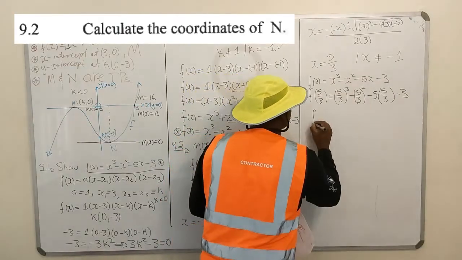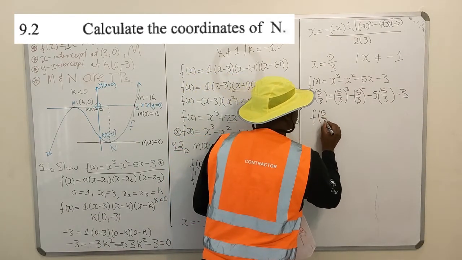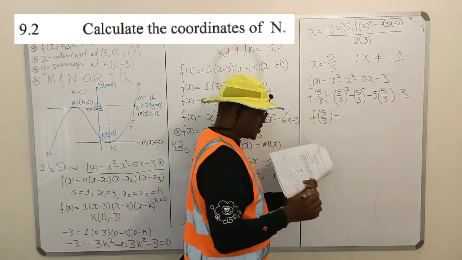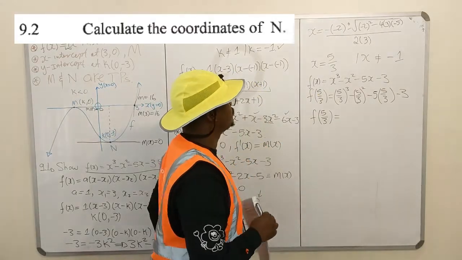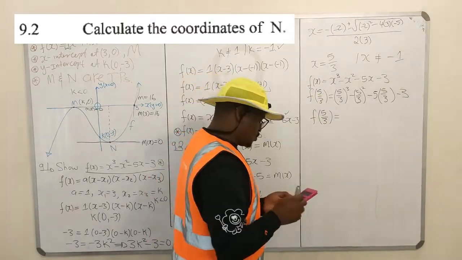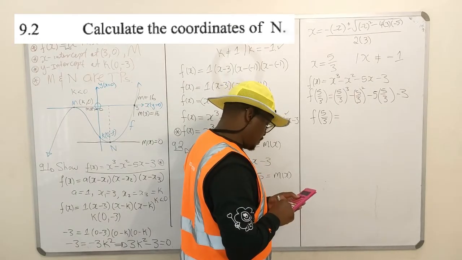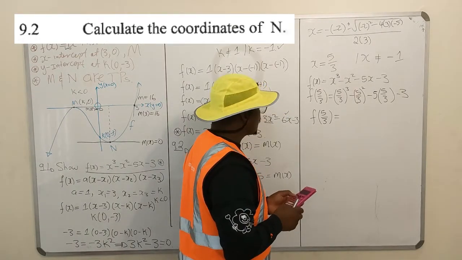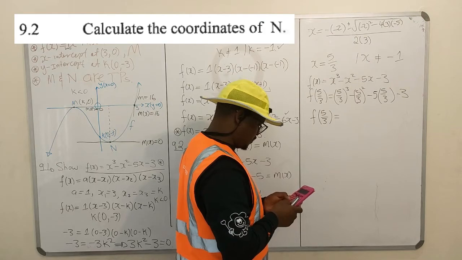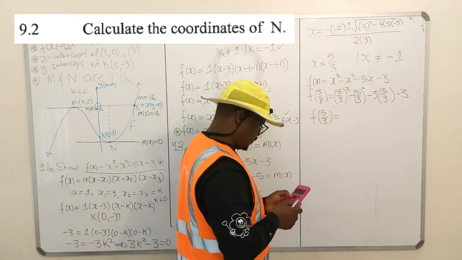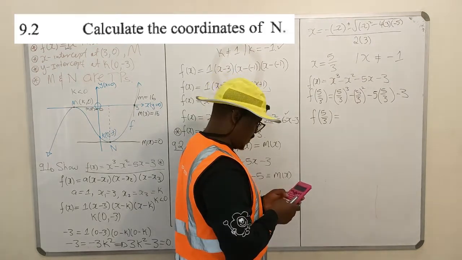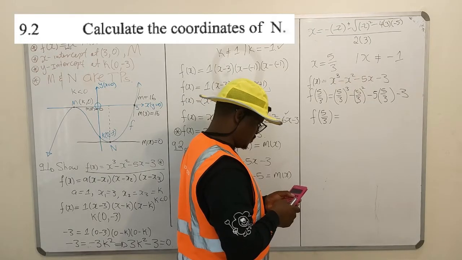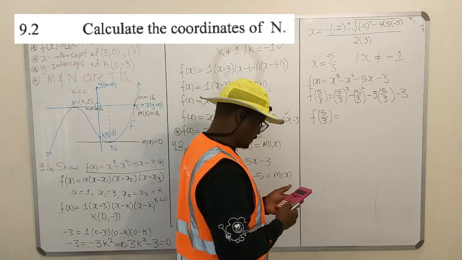So f at 5 over 3 is equal to, punch that in your calculator and see what you get. So you have 5 over 3 cubed minus 5 over 3 squared minus 5 into 5 over 3 minus 3.